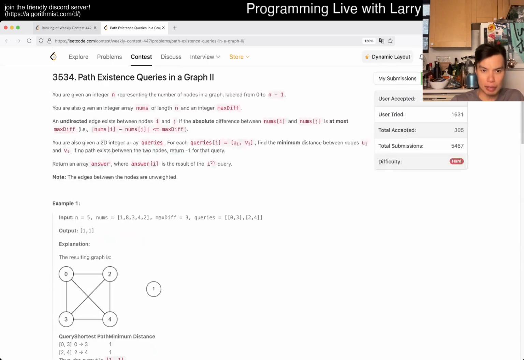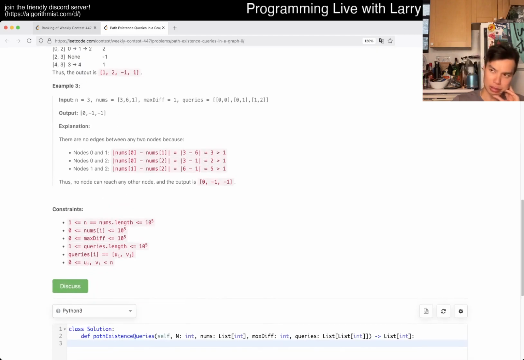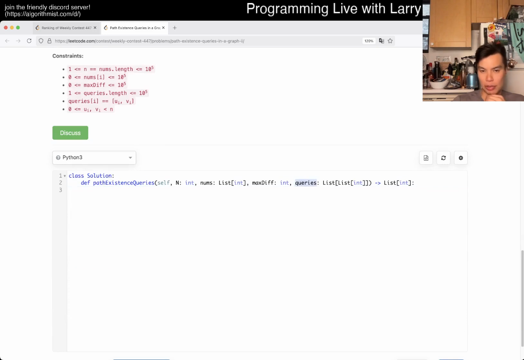Let me double check the definition. No, I think this is fine. So actually the numbers being non-unique doesn't matter. Right? Okay. Because then we get just updated queries to queries. Index don't matter. Max diff. Number of jumps. Number of minimum jumps.